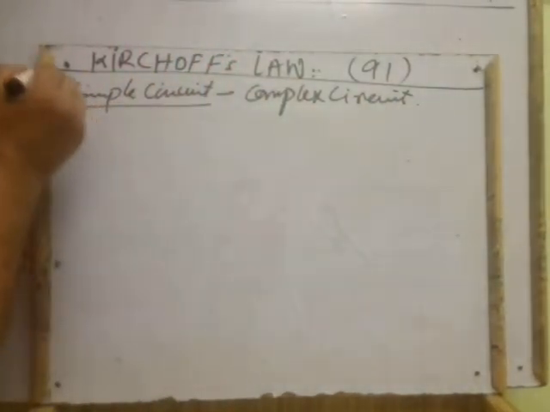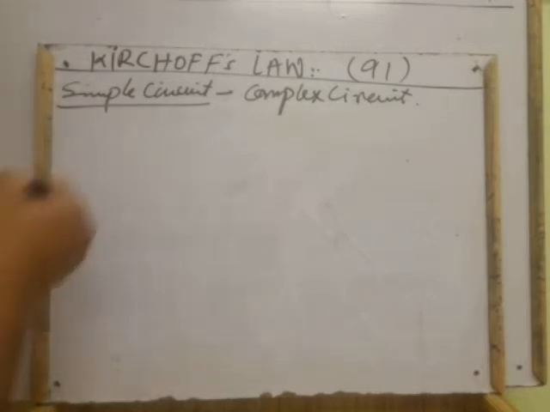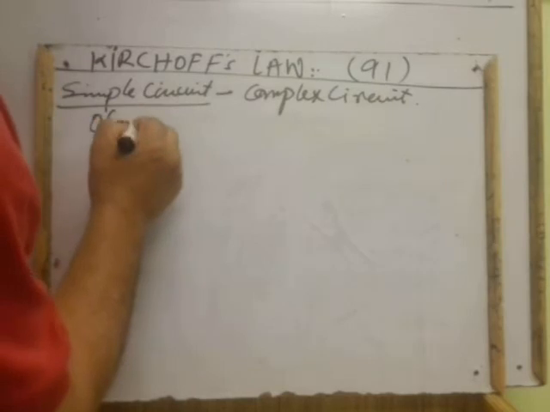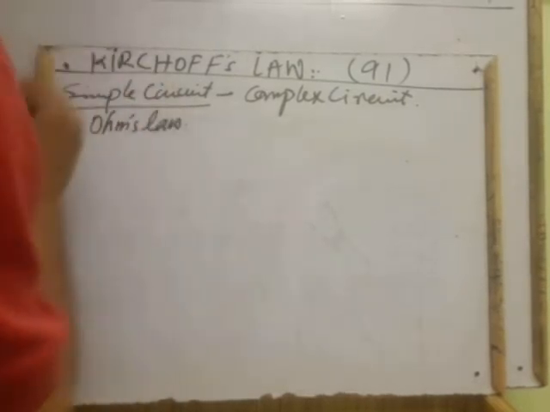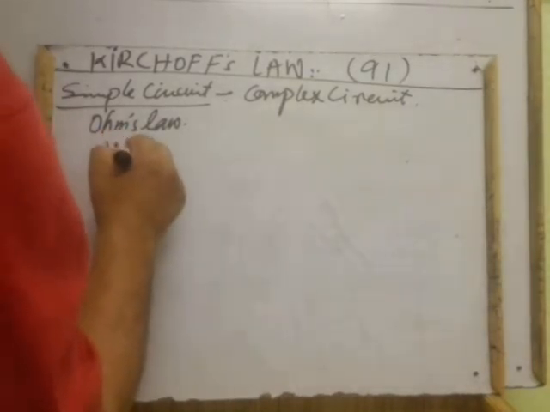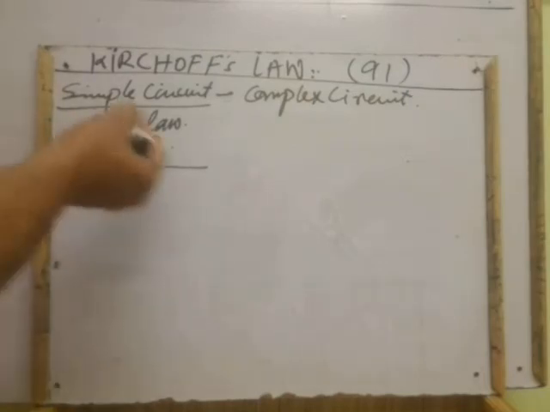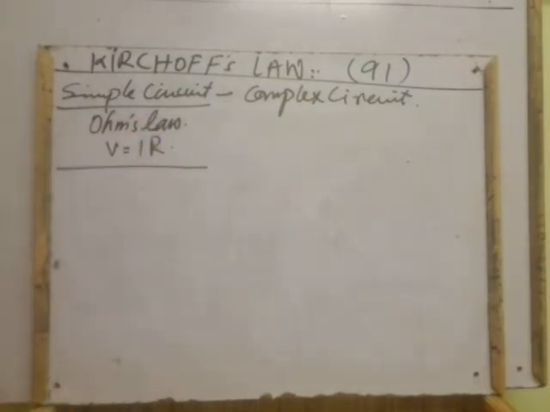A simple circuit is a circuit having a single source of energy and a single sink of the energy, and Ohm's law is applicable there. Because it's a simple circuit, we can simply write V equals I into R, where we have discussed that V is the potential difference and IR is the potential drop of the circuit.